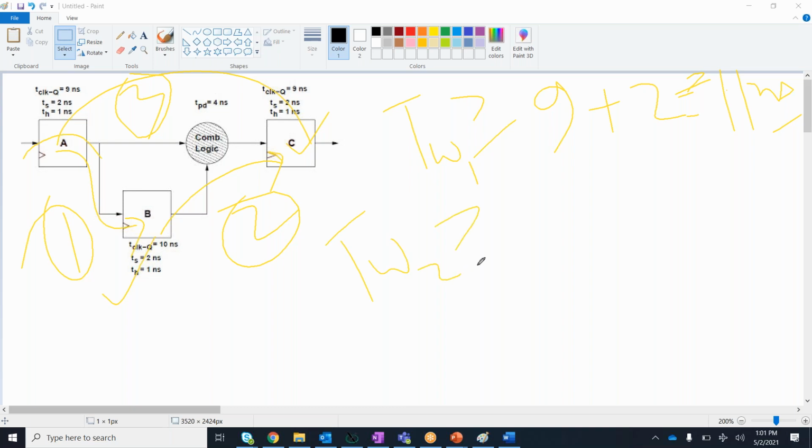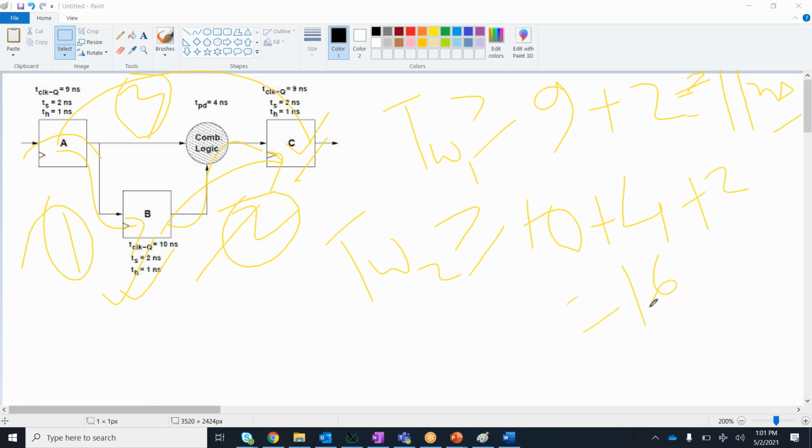T2, we are looking for this path. Clock to Q delay is for flip-flop 1, that is 10 nanosecond, plus T setup for this flip-flop. We have a combinational delay also, so that is 4 nanosecond. Setup is 2 nanosecond.